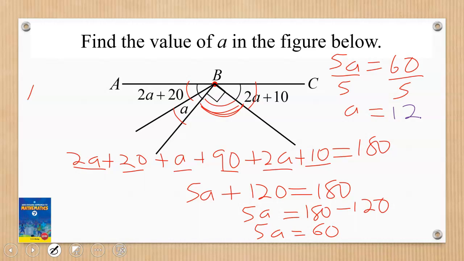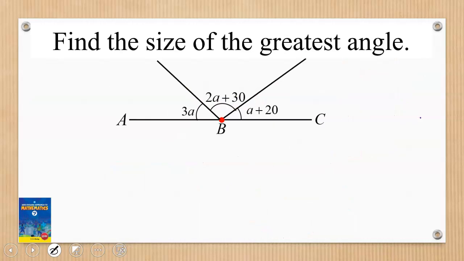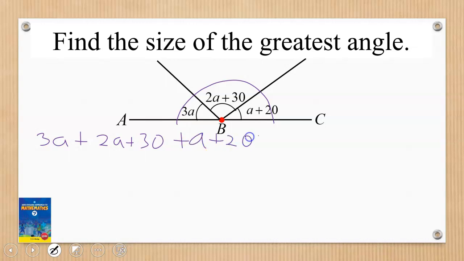Good. Let's take another example. This one, find the size of the greatest angle. Once again, the whole angle lies on the straight line. So we can say 3A plus 2A plus 30 plus A plus 20 all should give us 180.